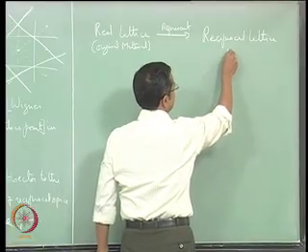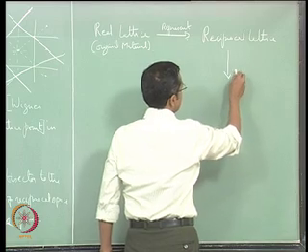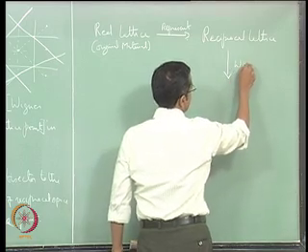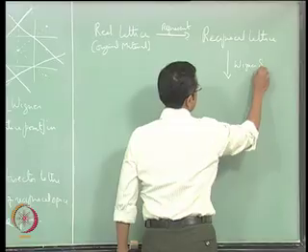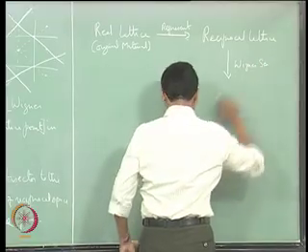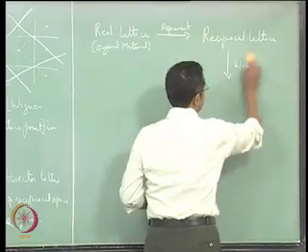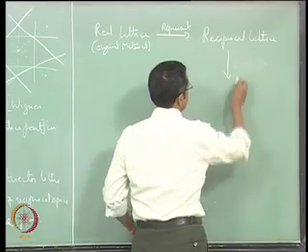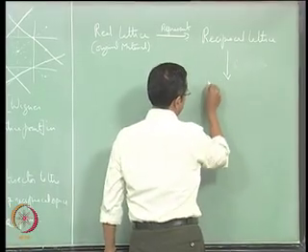If you represent it in reciprocal space, you can draw the Wigner Seitz cell. We can use Bragg planes, identify Bragg planes.